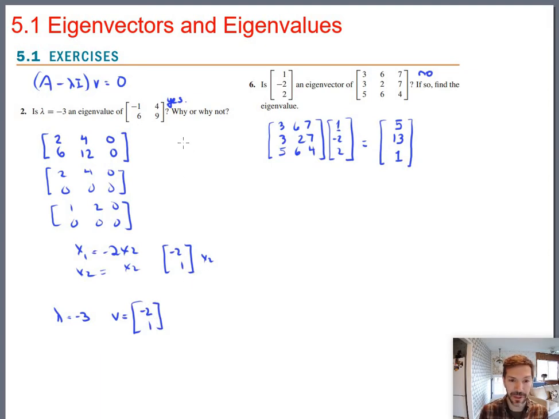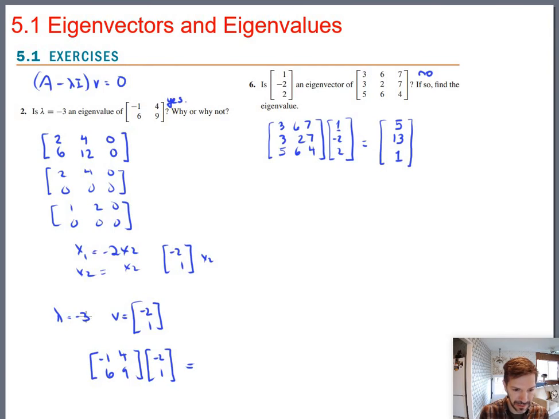And if we really want to double check that, which we do, of course, because it's me, we just want to say, hey, does it actually work? Does the matrix negative 1, 4, 6, 9 times negative 2, 1 actually produce negative 3 times negative 2, 1?